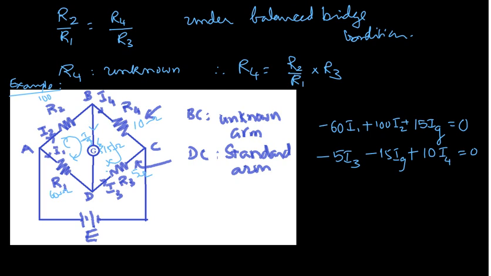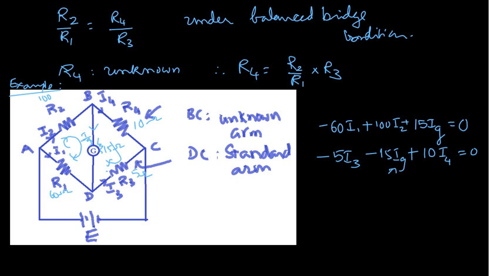So 15 Ig is correct. Then for the remaining two things, he has got it differently. Are you seeing that or no? Yeah, his I1 and I2 are different from ours. In the book, he has 60 I2. We got 60 I1. And then he puts that I4 is nothing but I1 minus Ig.